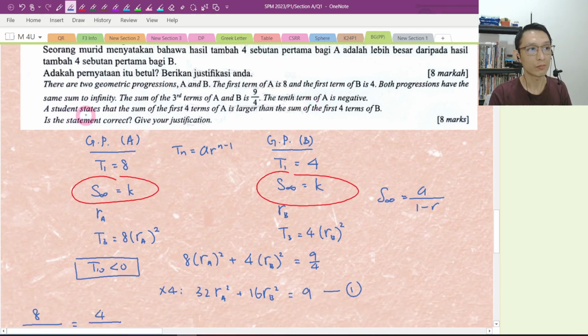The student states that S4 for GPA is larger than S4 for GPB, and I want to test whether the statement is correct or not.